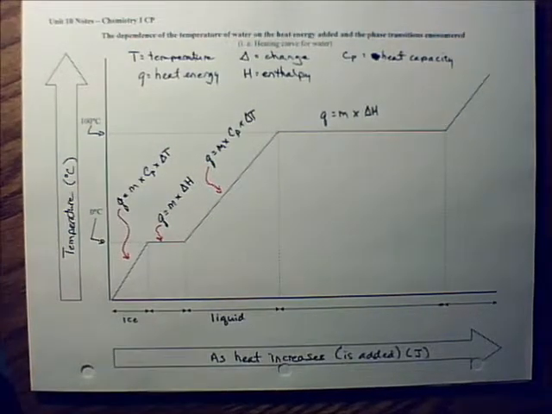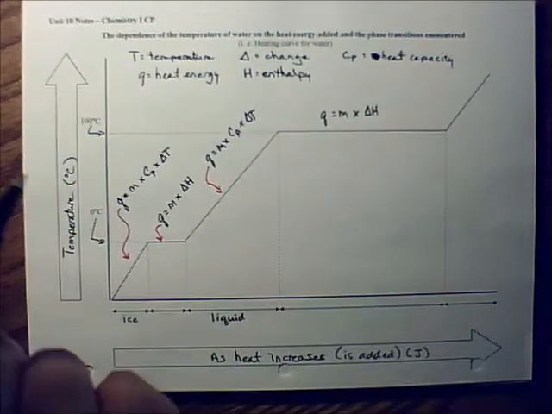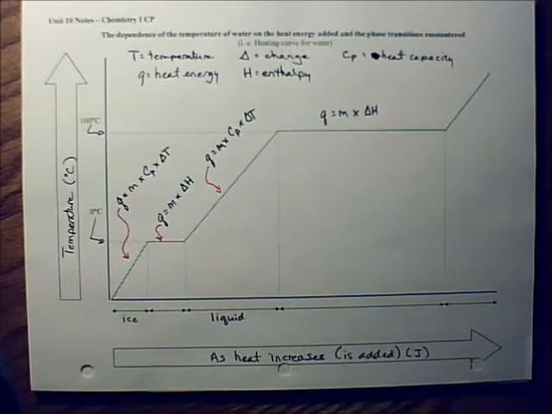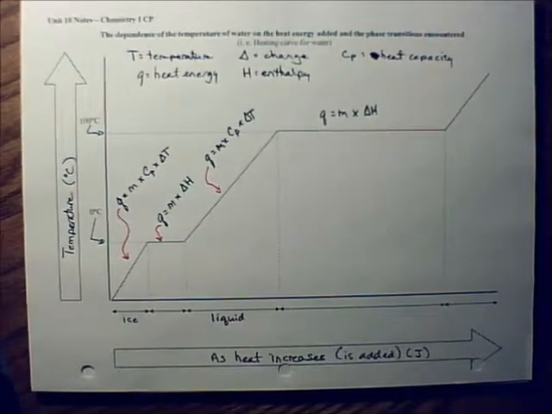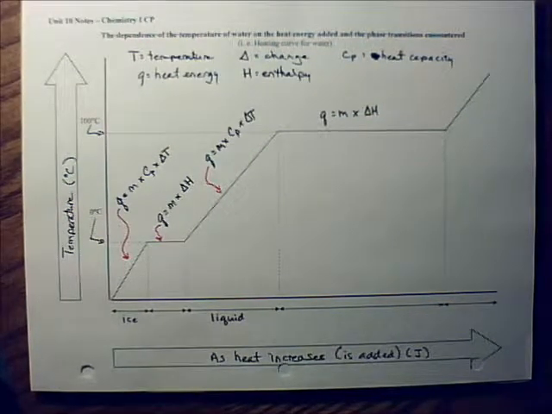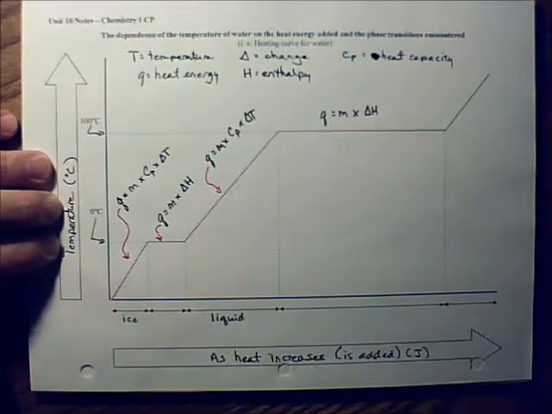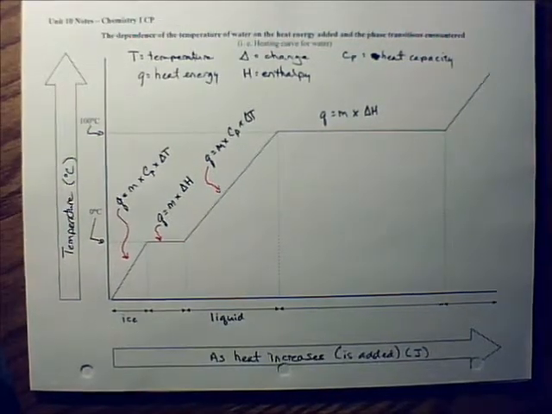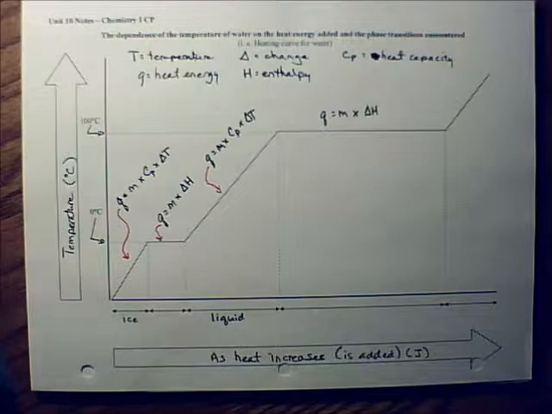Remember, this enthalpy is different from yesterday's. This enthalpy is what's holding the molecules together. Yesterday, it was the bonds that are holding the atoms together. It's a different thing, okay? Got that?